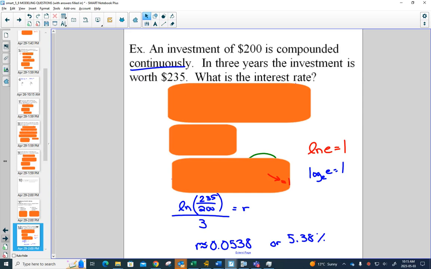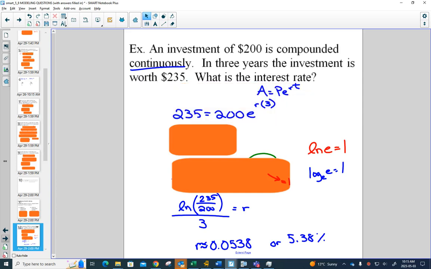An investment of $200 is compounded continuously, so we're using the PERT formula. We plug everything in. And with the PERT formula, since the base of the power is e, we're going to use natural logarithms. Here's my power.